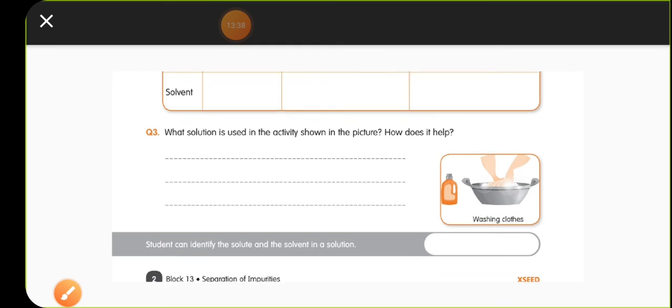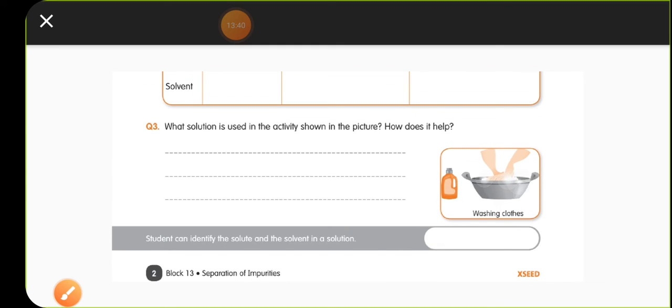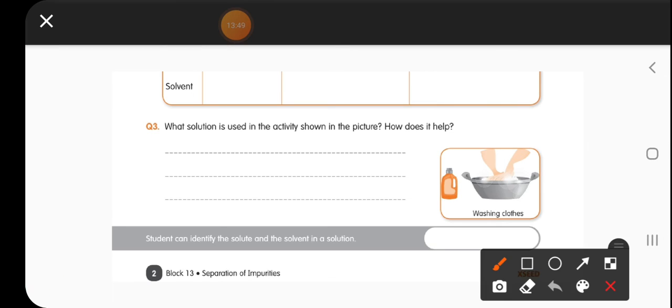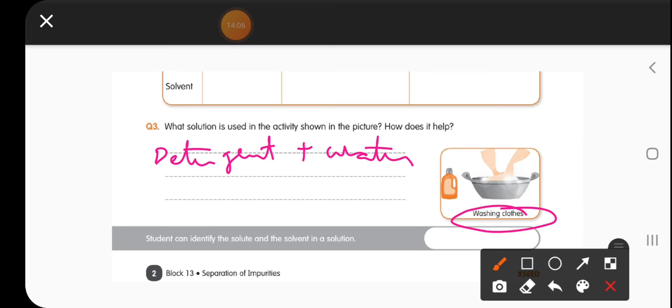Let us move to the third question. What solution is used in the activity shown in the picture? How does it help? Here the picture shows washing clothes. To wash the clothes we use a detergent and mix it in water. So a solution is made by mixing a detergent and water, a detergent water solution.